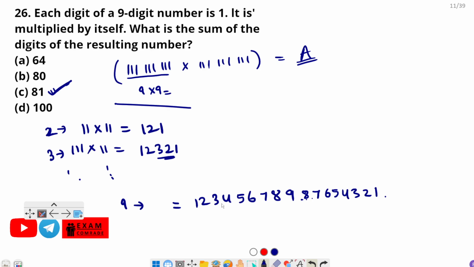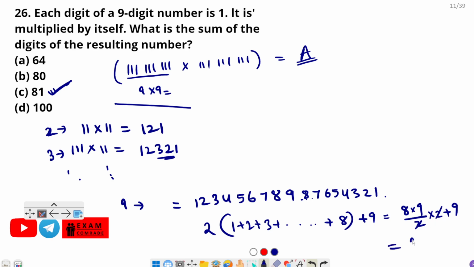So we'll have 1 to 8 twice, plus 9. So we are adding these digits: 1 plus 2 plus 3 up to 8, into 2, plus 9. The sum of 1 to 8 is 8 into 9 by 2, plus 9.